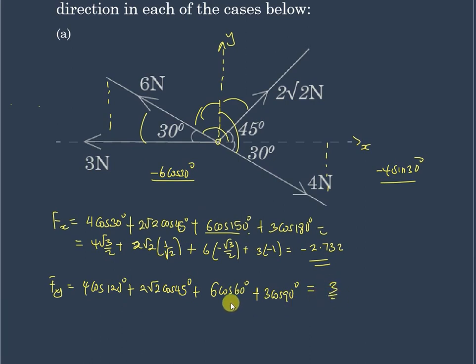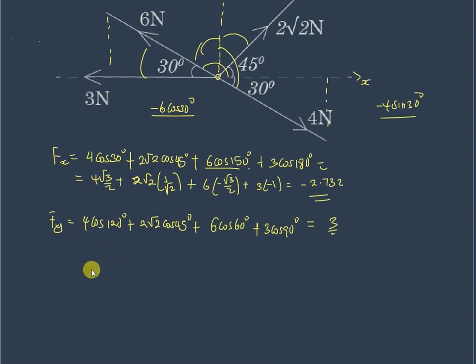So we have that the resultant force F is equal to the square root of negative 2.732 squared plus 3 squared, and that is going to get us 4.058 if I write that to 3 decimal places.